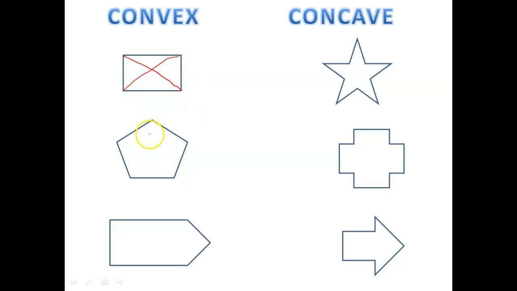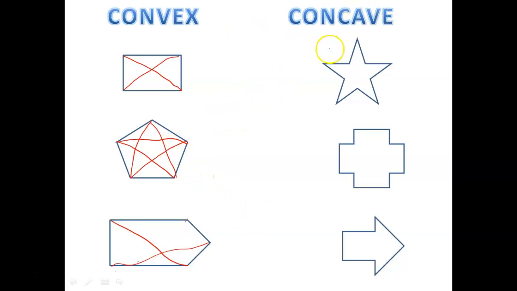Excuse my non-straight lines. You guys know how it is. But these diagonals are only in the interior of the figure. Okay? That's what that means. Same thing here. Convex polygons, the diagonals are all in the interior. That was not a straight line.